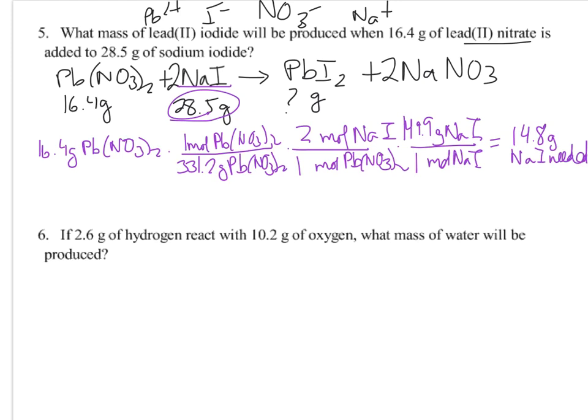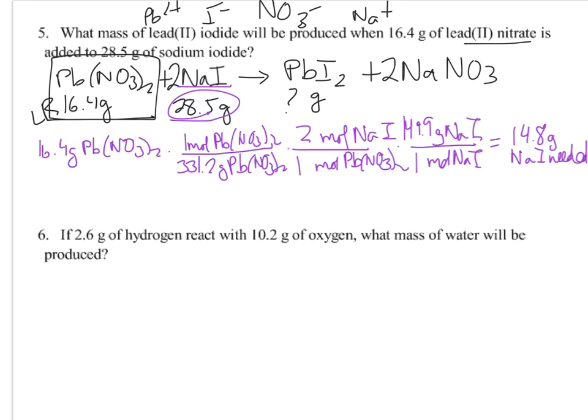So I have plenty of NaI. That means my lead nitrate is my limiting reactant. I'll use LR for limiting reactant. So Pb(NO3)2 is the one that runs out first. It's the one that limits how much product I form. So that's the one you use to figure out your product.